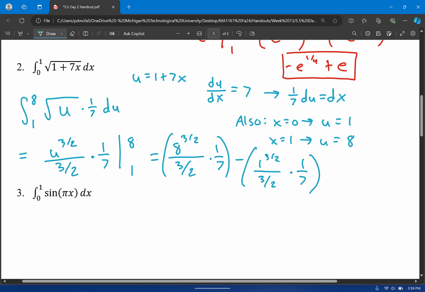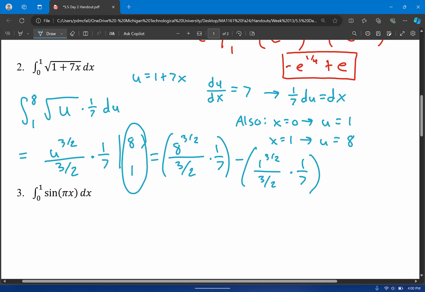And there you go. So one common question is, in day 1 of the substitution method, when we got our antiderivative in terms of u, we then resubstituted the 1 plus 7x back in. Well, you don't need to do that because we changed our limits of integration to be in terms of u. So you can just plug in those u numbers in, the 8 and 1.